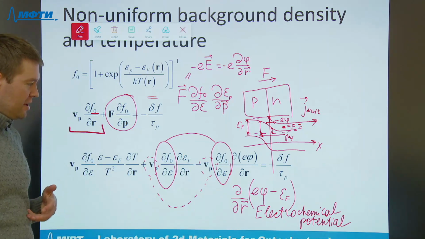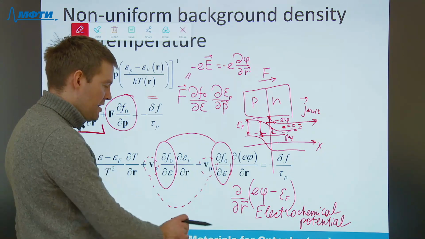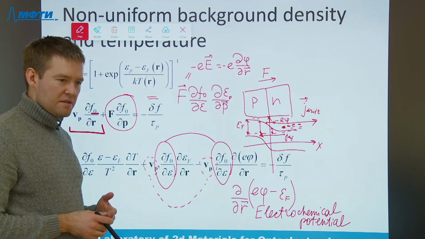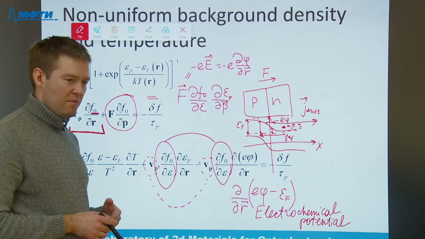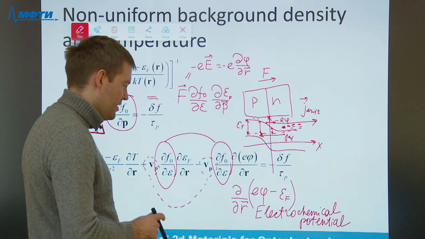And actually, the quantity that appears here is called quasi-Fermi level, or in brief, it is called Fermi level.